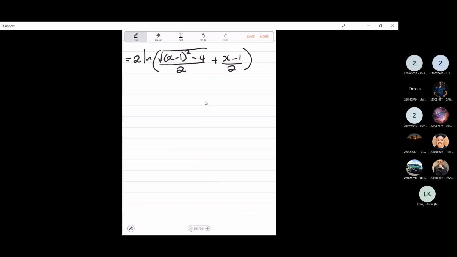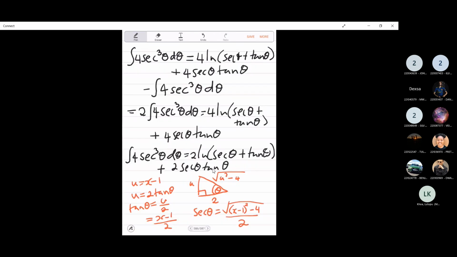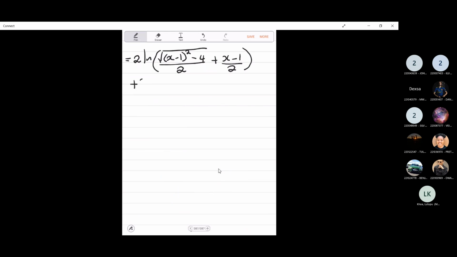And then we have 2 sec theta tan theta, so this is 2 times x minus 1 over 2, that's tan theta, and then sec theta. So you can see the 2's there will cancel, and there is supposed to be a constant.